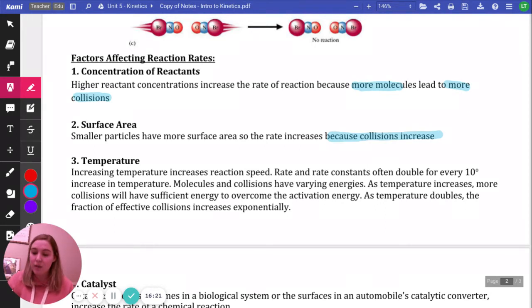This is kind of interesting, but our rate often doubles for every 10 degrees that we increase in temperature. So as temperature increases, more collisions are going to have that sufficient energy to overcome the activation energy. And yeah, as temperature increases, the reaction speed is exponentially greater than it was before.